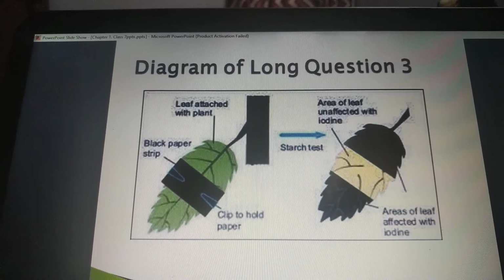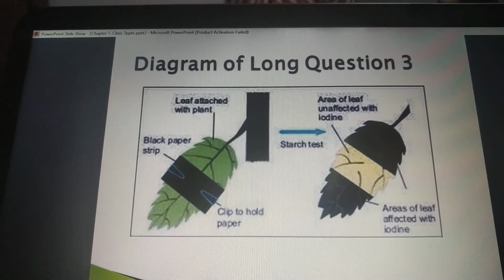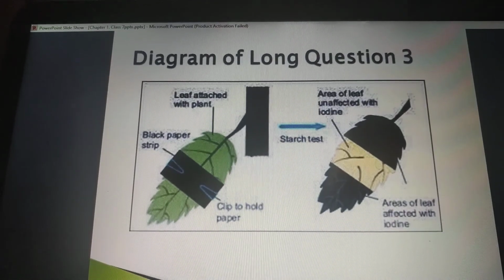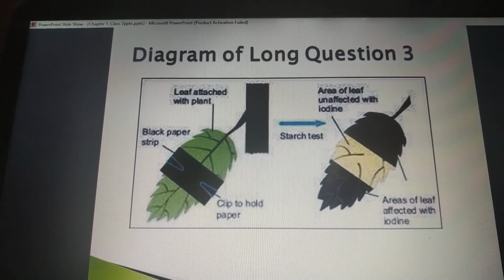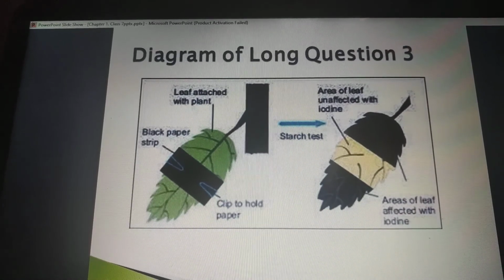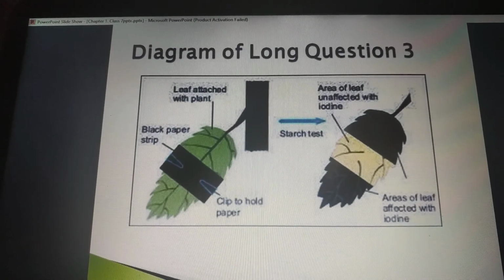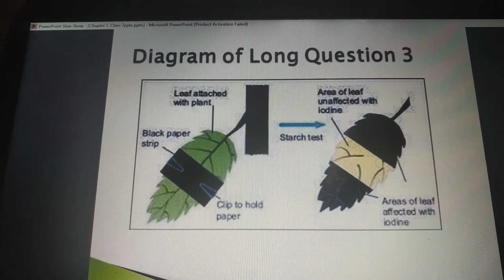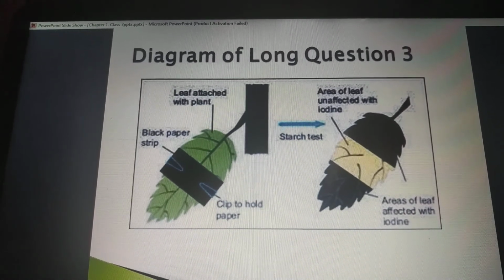You all know that the plant body has stored food in the form of starch. If we keep the plant in the dark for the next 5 to 6 hours, that plant is not performing photosynthesis at that time. Whatever energy is stored in the plant body is utilized by the plant at that time.